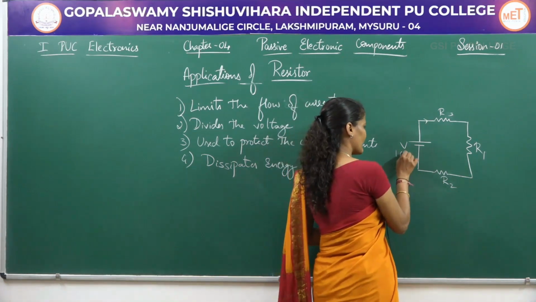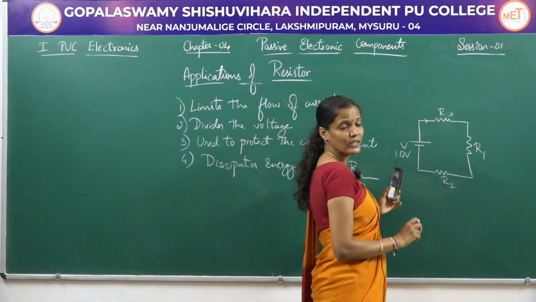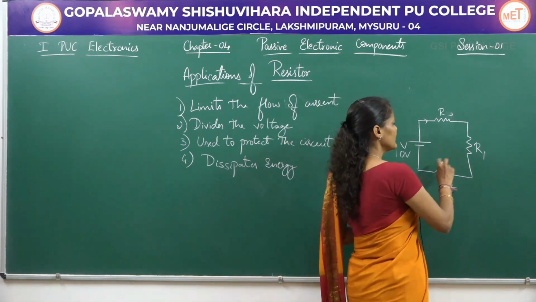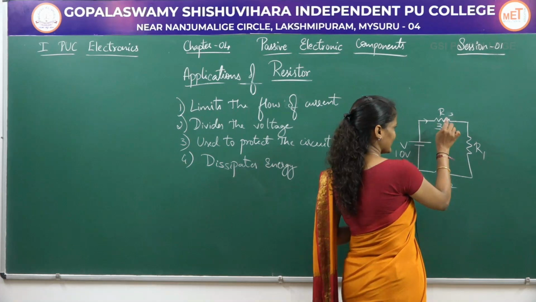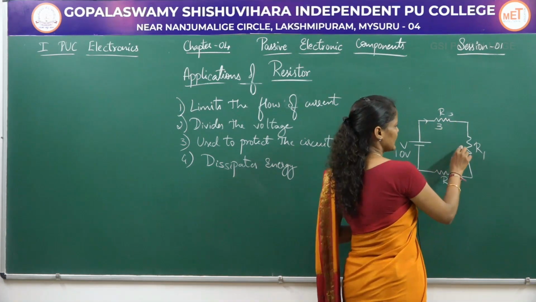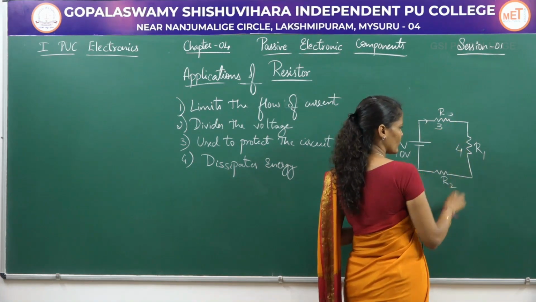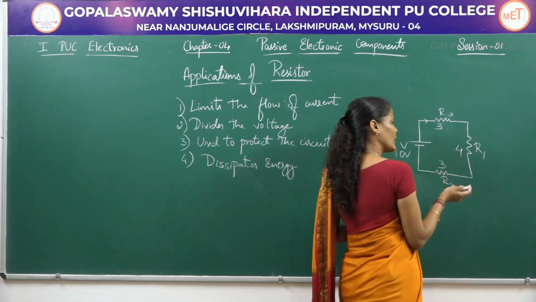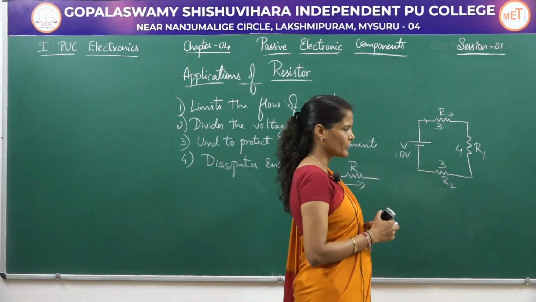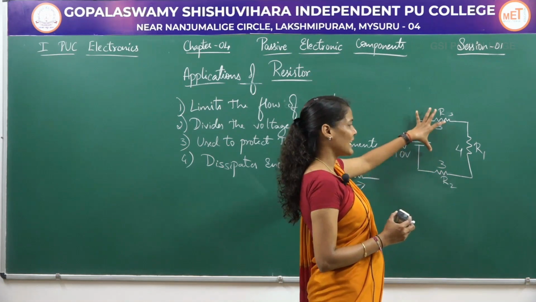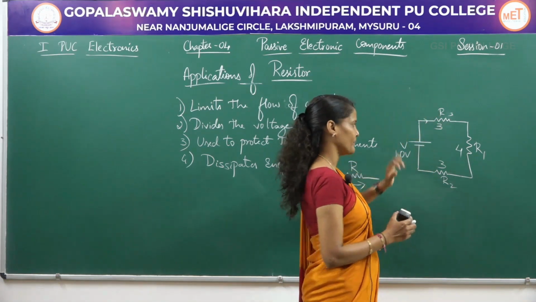Suppose I am applying a voltage of 10 volts, then the voltage here might get dropped to 3 volts, here it might get dropped to 4 volts, then here also it might get dropped to 3 volts. That is R2 and R3 values might be same.